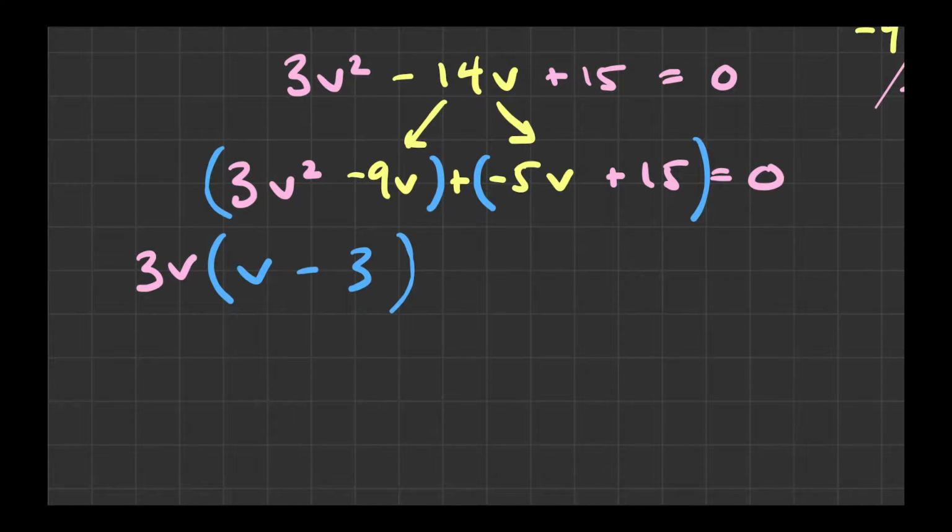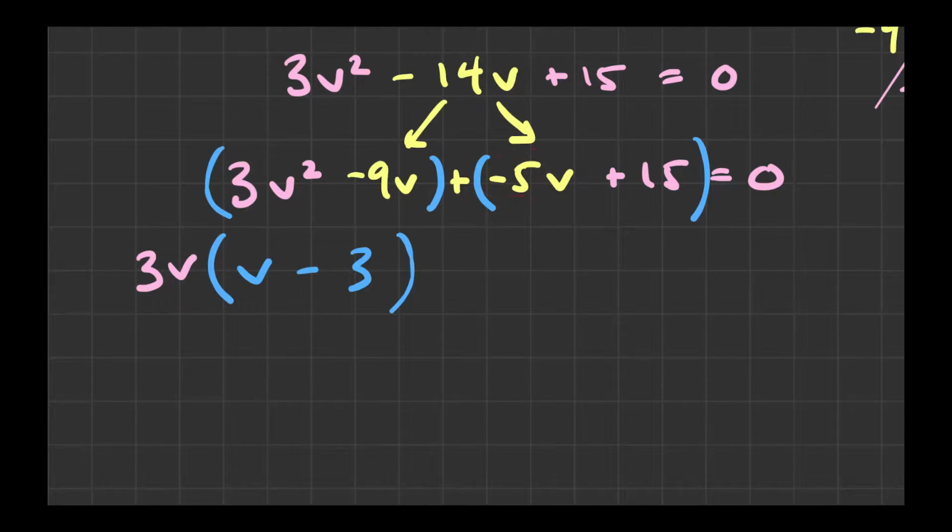Okay, now what we're going to do next is we are going to see what we can factor out of this one. Now, just as a little tip, we are going to want the second set of brackets when it's left over, we're going to want it to look just like this. Okay? So we're going to want to factor out this negative 5 here. So the number we're going to factor out is that's going to be a negative number.